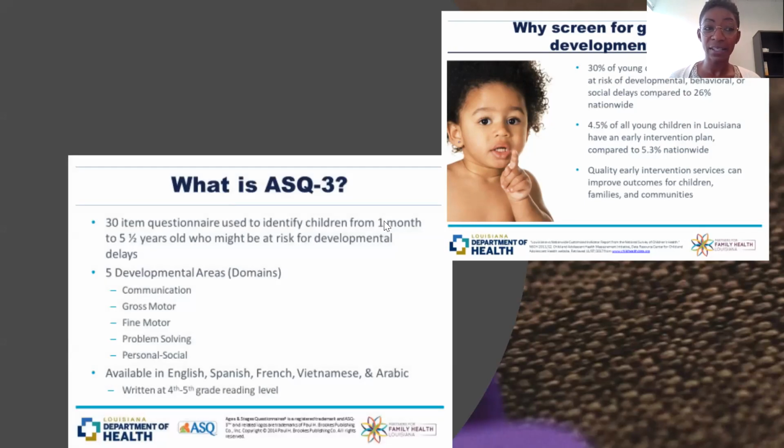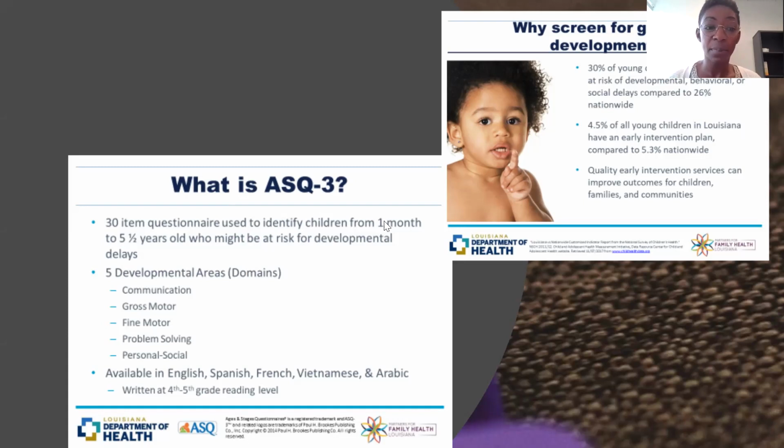So what is the ASQ-3? The ASQ-3 is a 30-item questionnaire used to identify children from 1 month to 5.5 years old who might be at risk for developmental delays. And just a little tidbit in there, we're just identifying risk here with this screener. We're not screening for a diagnosis.